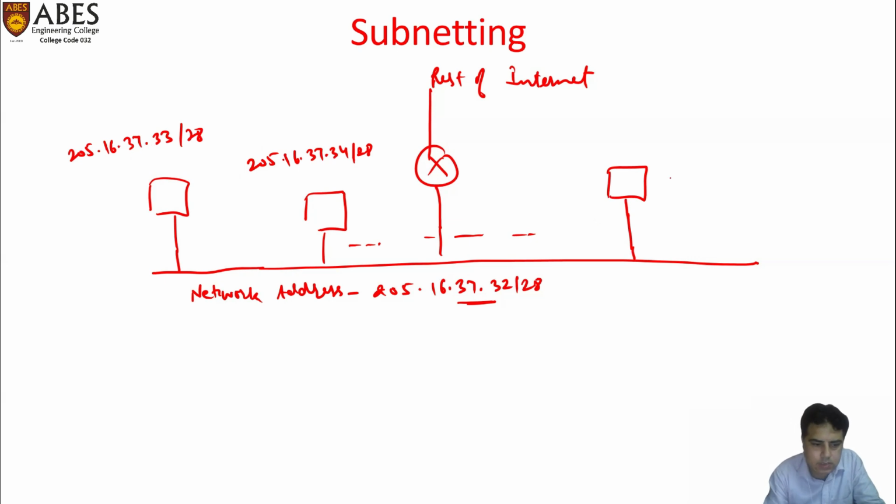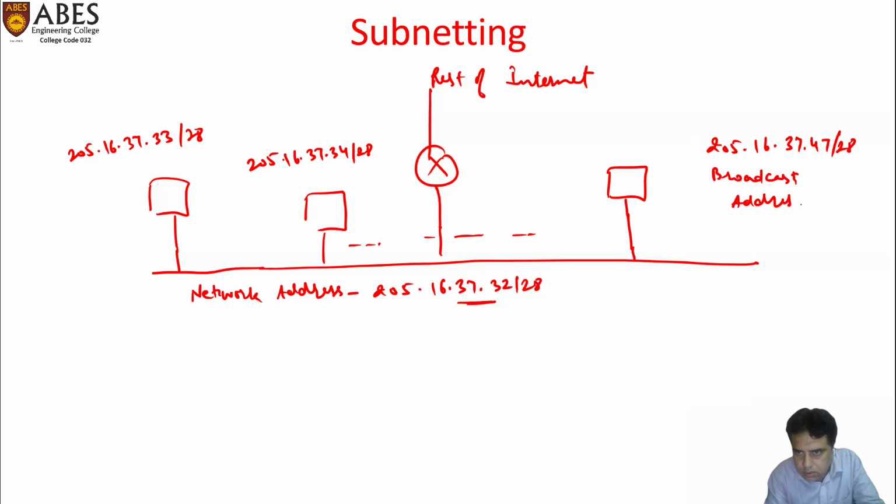The last address is 205.16.37.47. This will be treated as the broadcast address. The last usable address is 205.16.37.46. So this is the network diagram.